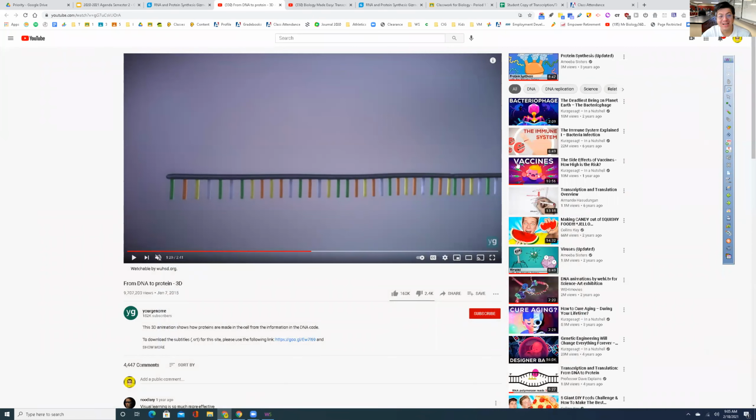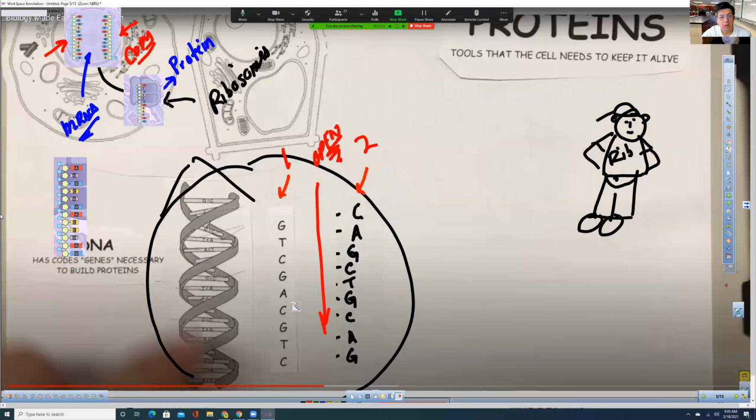So what needs to happen now to this thing right here? What needs to happen to this mRNA? Where is it going to go?